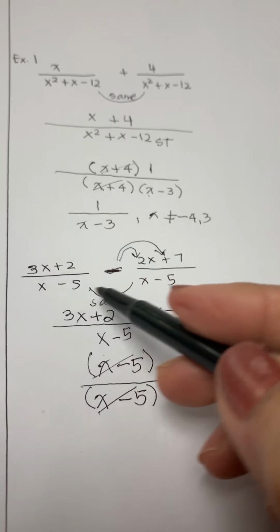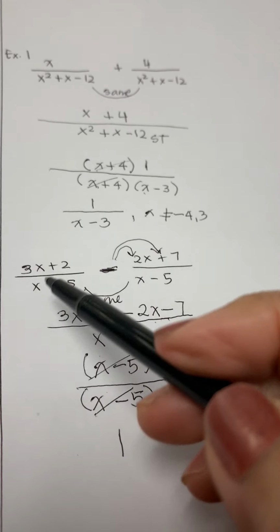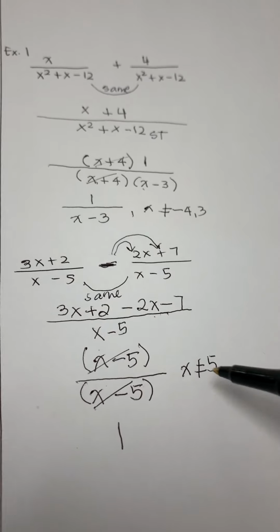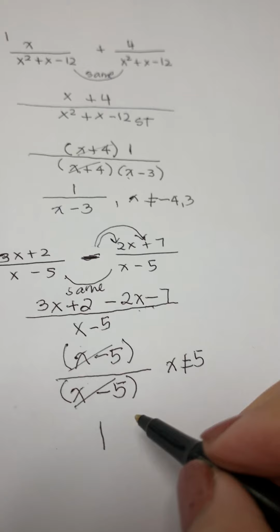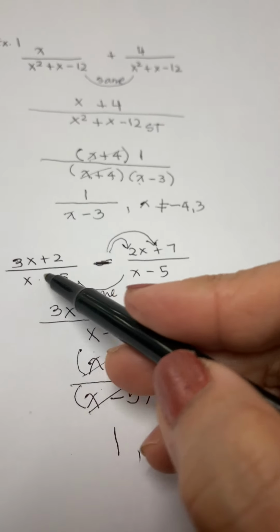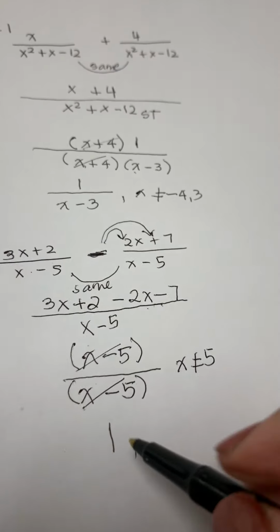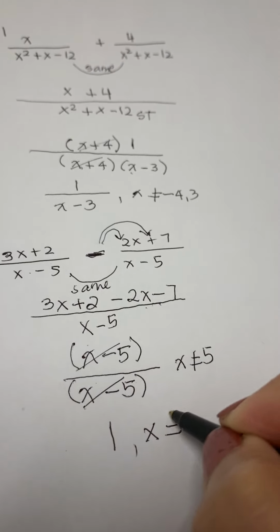So this one is again 1. So if you substitute numbers here, you will always get 1, except for 5. Okay, you can try it out. Think of any number you like, substitute it there, and you will see you will always get 1, as long as x is not equal to 5.